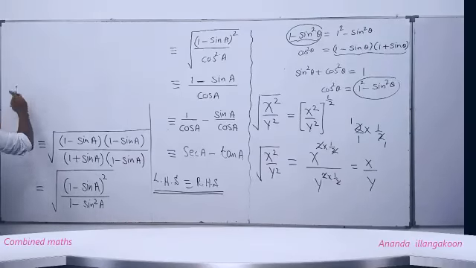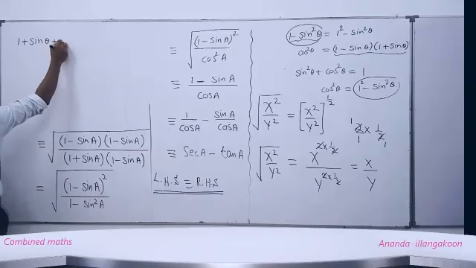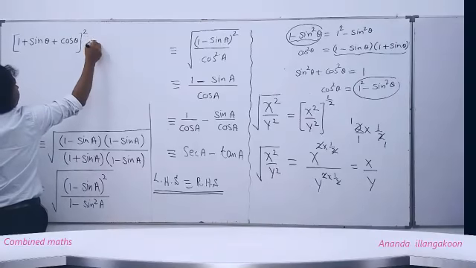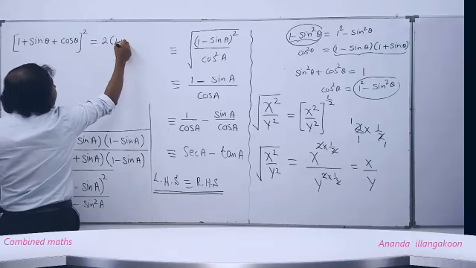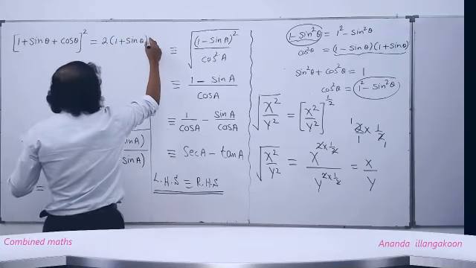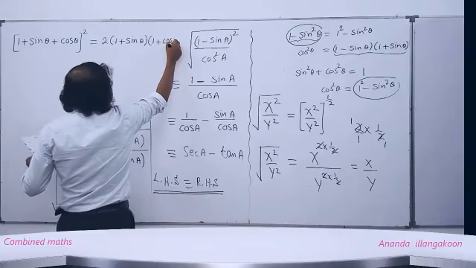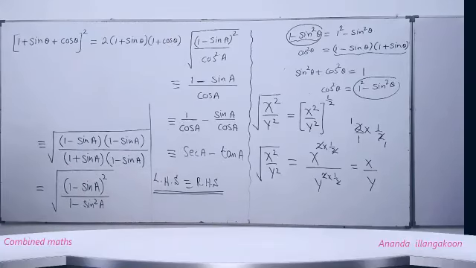Yeah, it is this, people. 1 plus sin theta plus cos theta, perfect square. Now we have to prove that it equals 2 times 1 plus sin theta into 1 plus cos theta. This one we have to prove.